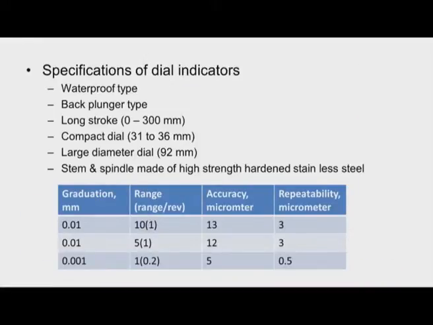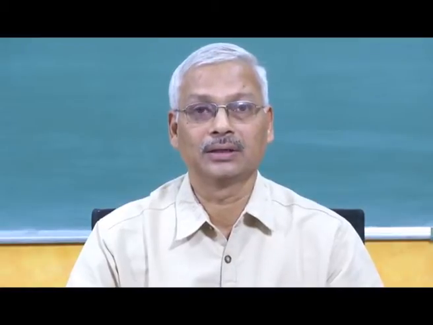Now, what are the specifications of dial indicators? These dial indicators are available to work in normal working conditions as well as in conditions where there is splash of coolants. So, waterproof types are also available, and back plunger types are also available. In some cases, we have to use the dial indicator wherein the plunger is at the back.